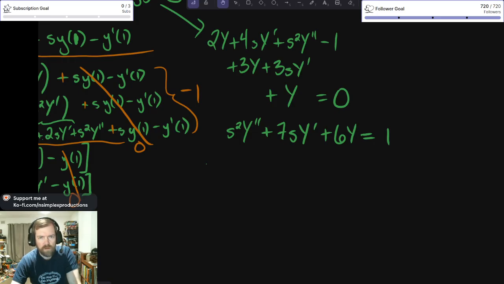Wait, where'd that table go? It says there was a table right here. T to the first power. That is not where the table is. Grr. There we go.